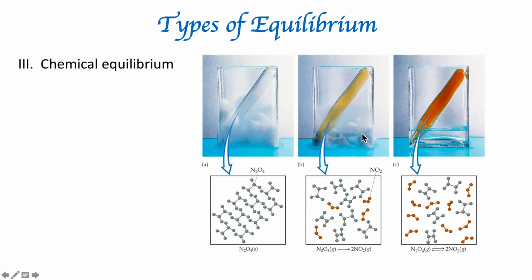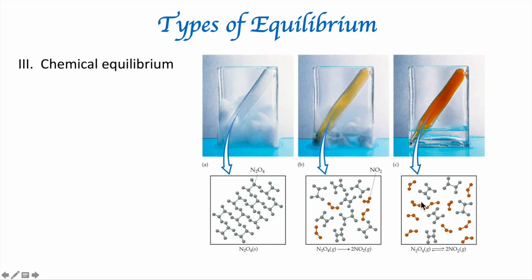As the temperature continues to increase, the ice has now turned into liquid water, and you end up with more NO2s and fewer N2O4s. But if you maintain this temperature, the amount of NO2 versus the amount of N2O4 will remain constant.